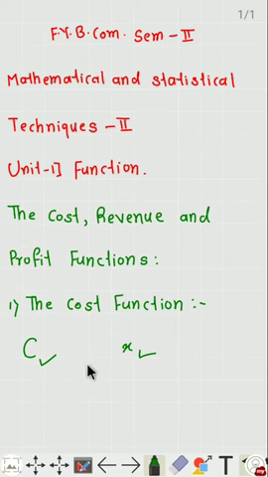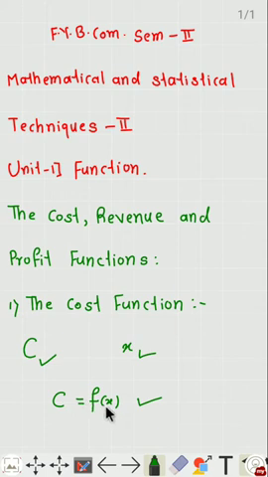Thus, the total cost function will depend on x only. And we will write the total cost function like this: C is equal to f of x, where f is a suitable function of x.